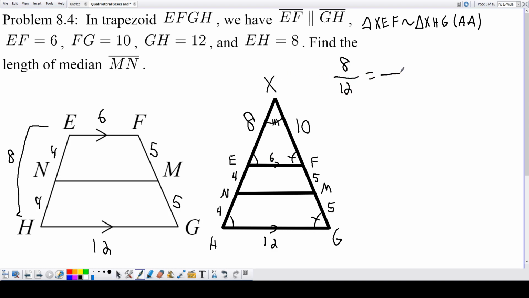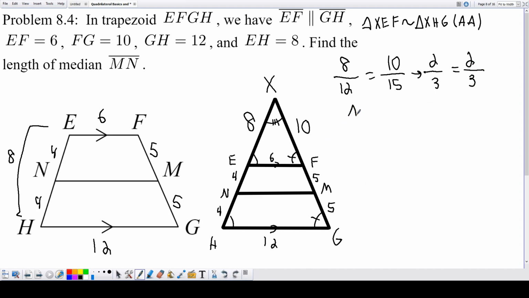Then we have XF is 10. And XM is 15. Now, if these ratios are the same, then we have a proportion. Well, 8 over 12 is the same thing as 2 over 3. 10 over 15 is also 2 over 3. So yes, we do have that they are proportionate.